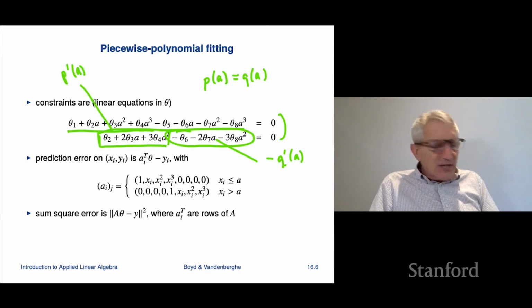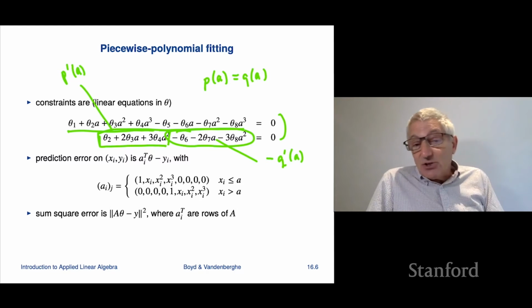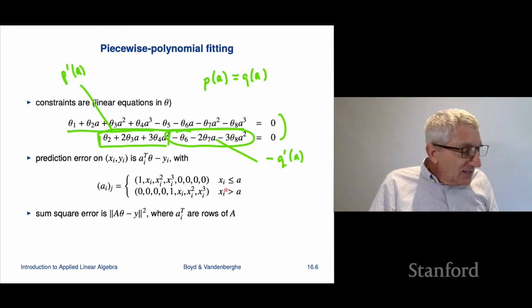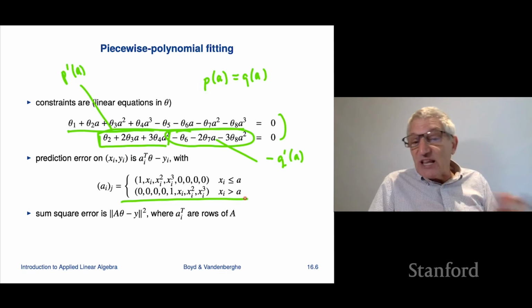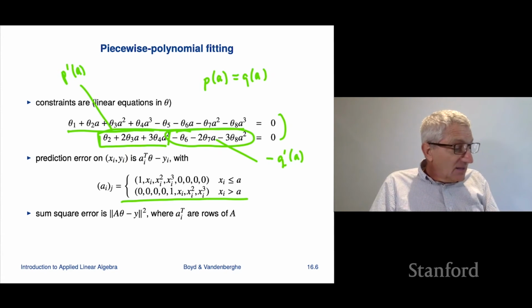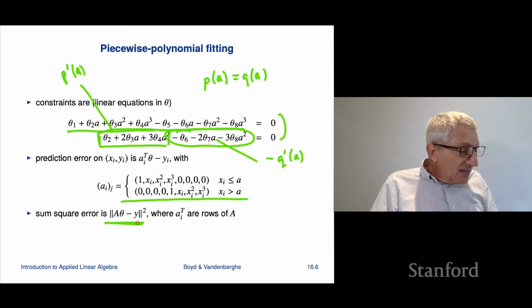And of course, the prediction error is easy to do. What you do is simply ai transpose theta minus yi, and ai is one of these two things because you're selecting which polynomial you evaluate to fit the model. And then the sum square error is the norm squared of A theta minus y.